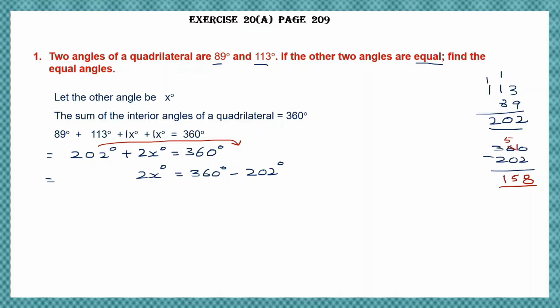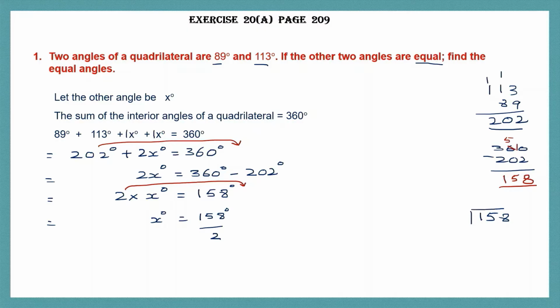So 158. So 2x means 2 into x degrees is 158. To find x degrees, we write 158 degrees divided by 2, because when we transpose 2 to the other side, it becomes division. 158 divided by 2.